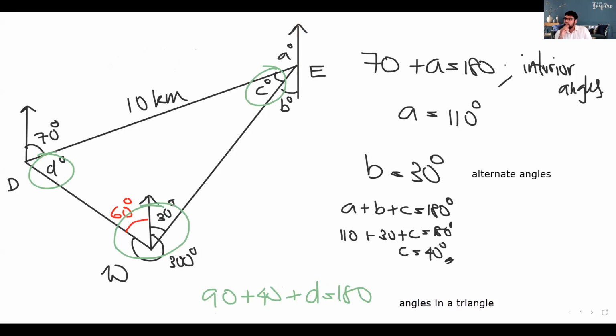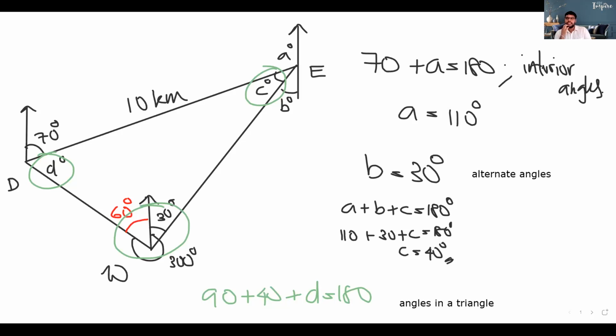Can we find it by extending the line, then consider it as an alternate angle and solve using supplementary angles? Yes, so you're saying extend D downwards, find the alternate angle to this one, which is going to be A. Yes, Dua, you can. Why would you go through all that trouble?